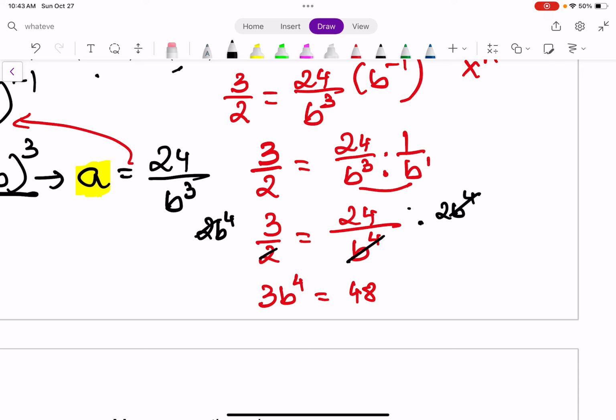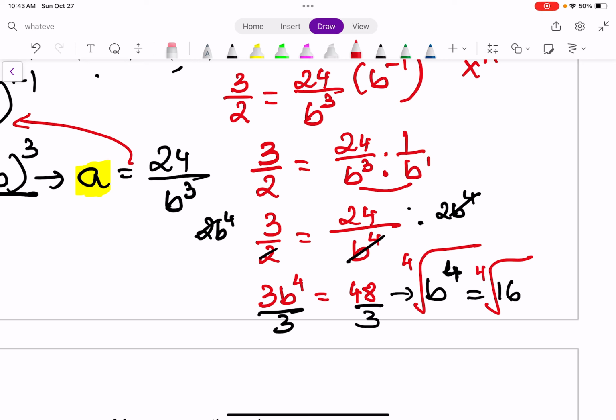And from here, it looks way more normal. We'll divide both sides by 3. And then I'm going to take the 4th root out of it. And then the 4th root of 16, if you put this in your calculator, the number that multiplies to itself 4 times to give you 16 is 2.